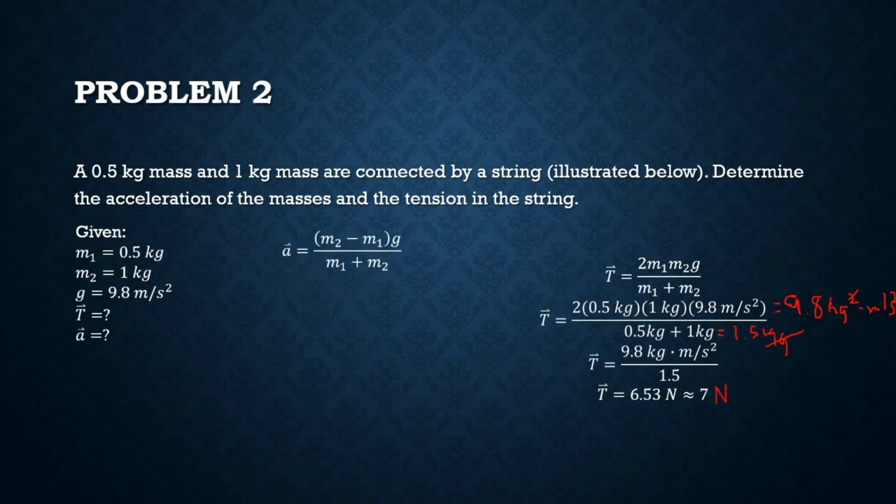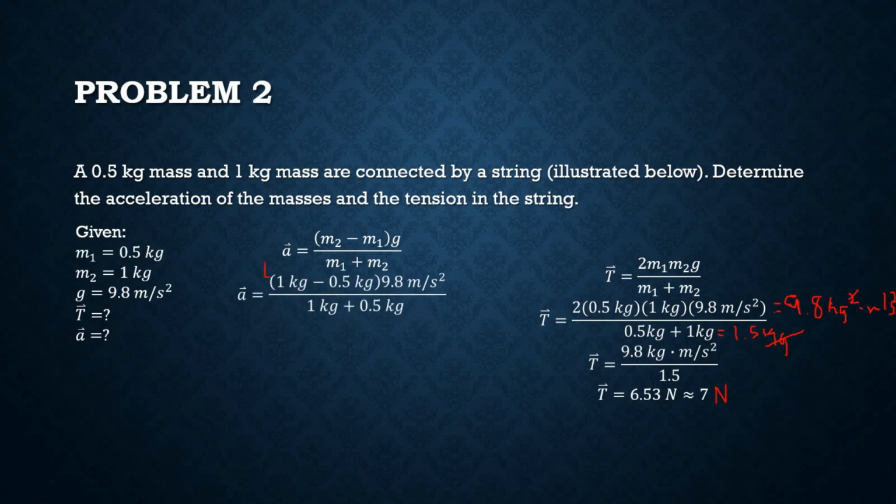Okay, next is acceleration. So using the formula, the quantity of m sub 2 minus m sub 1 times gravity, all over m sub 1 plus m sub 2. So substitute again, you get this.